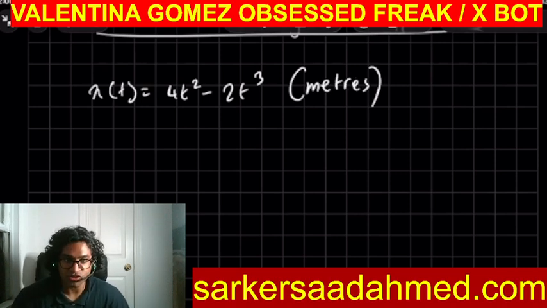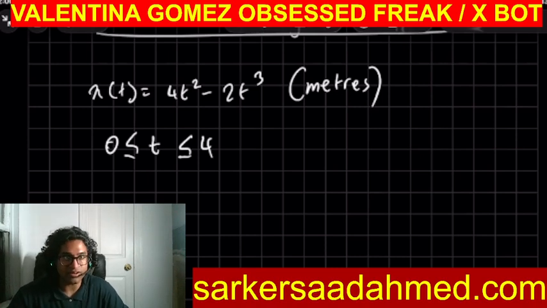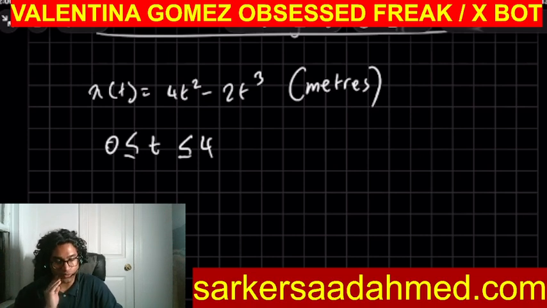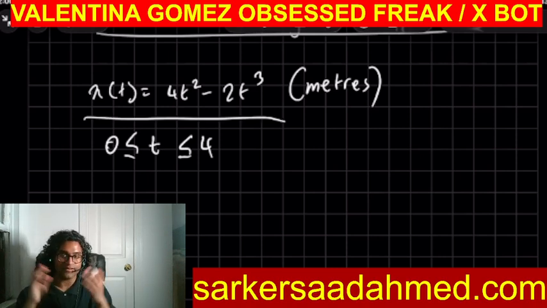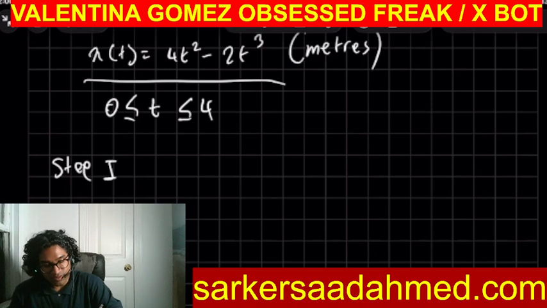And the range for time is 0 less than or equal to t less than or equal to 4. They gave the range in time to calculate the displacement. So this is everything from chapter 2.